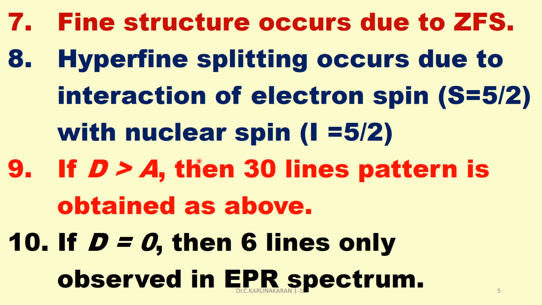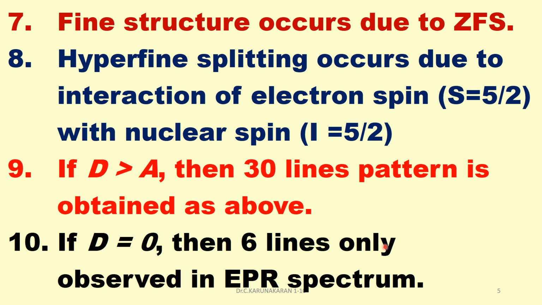We have seen this in the previous diagram. If D is equal to 0 or D is less than A, then only 6 lines are observed in the EPR spectrum. In various competitive exams they will ask how many EPR lines are observed in manganese 2 plus if D is greater than A, or if D equal to 0 in the manganese 2 plus ion.